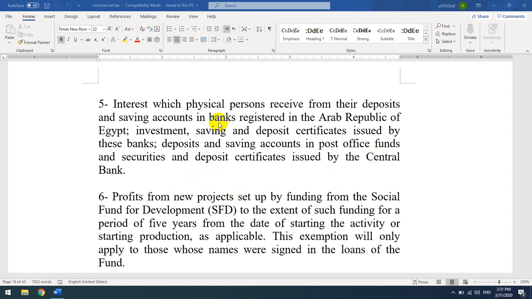All of these proceeds or interests are exempted. Any profits gained from the funding from the social fund for development are excluded from the tax to the extent of such funding for a period of 5 years from the date of starting the activity or starting production, as applicable.